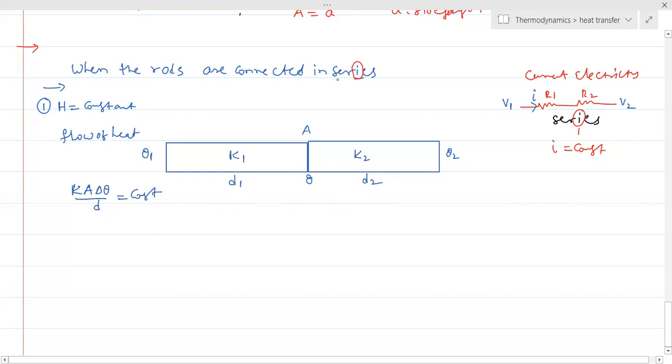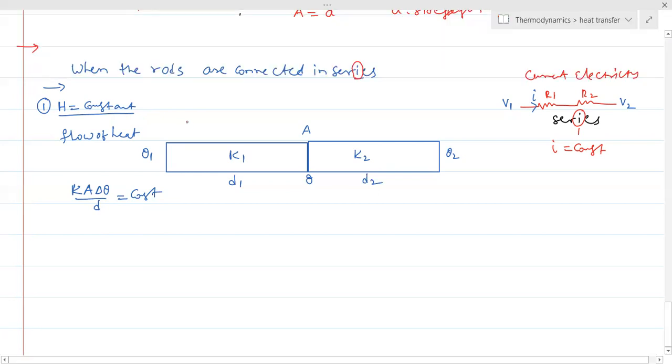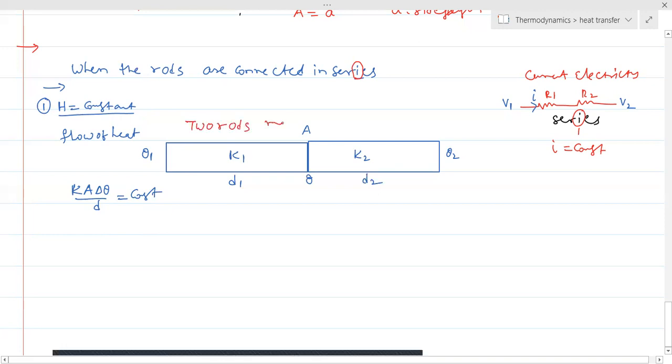Whenever two rods are connected in series, you need to write H is constant, K delta theta by D is constant. From here we have two possibilities. In one case, the two rods are made up of different materials. In another case, the two rods are made up of the same material. Suppose I'm taking the two rods made up of different materials.